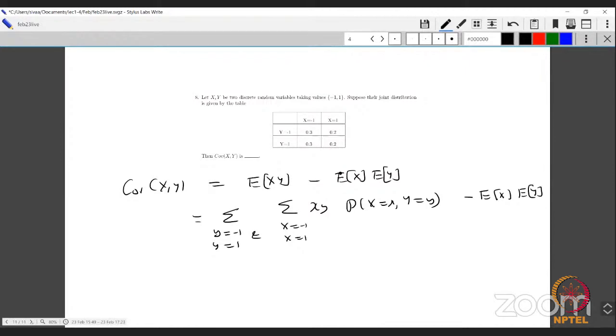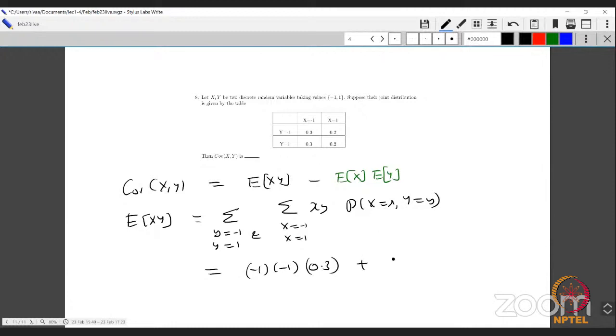We'll come back to this green part in a second. Okay, so let's do it separately. Let's erase this part. So E of xy is equal to this, right? So what's that going to be? When x is -1, y is -1, so it's -1 into -1 times the probability, which is 0.3, right?